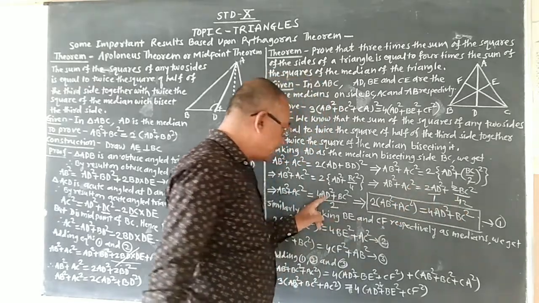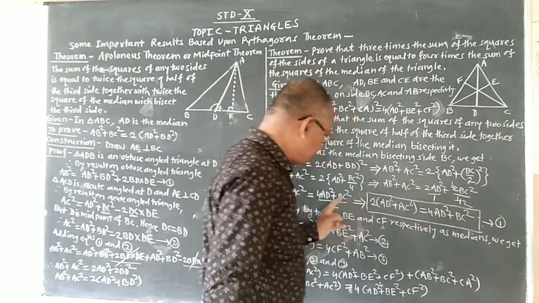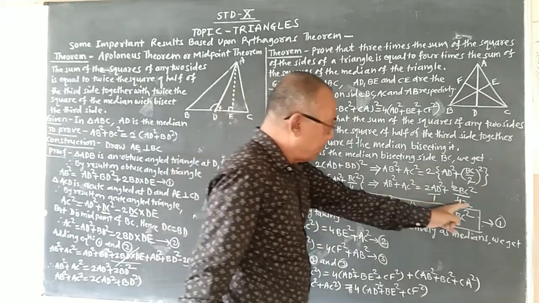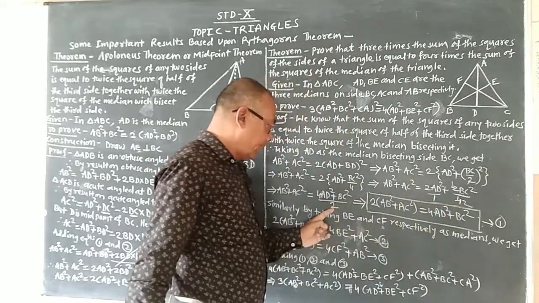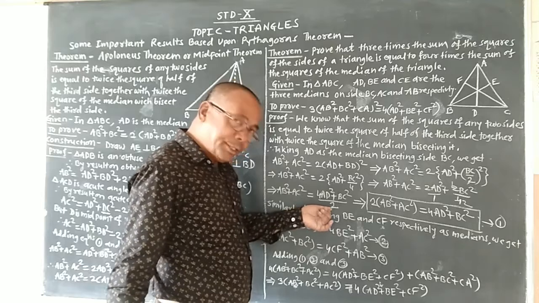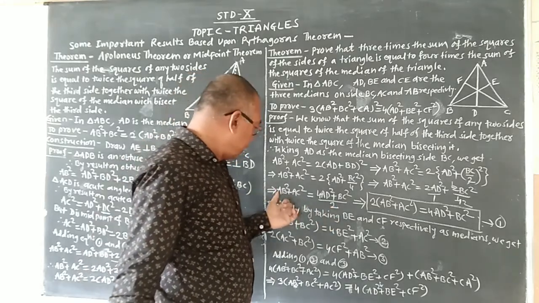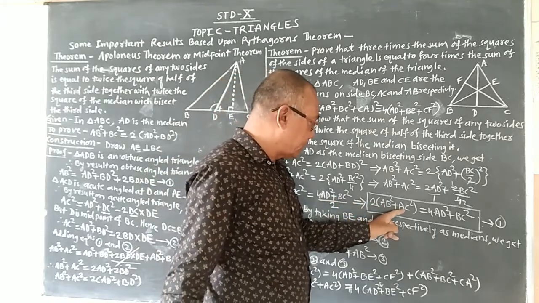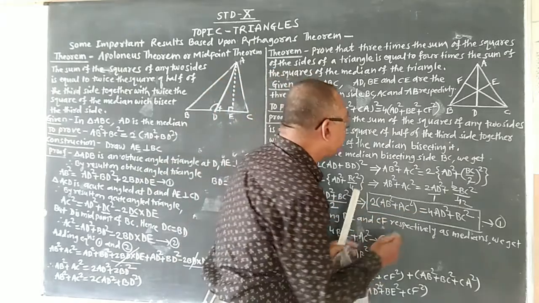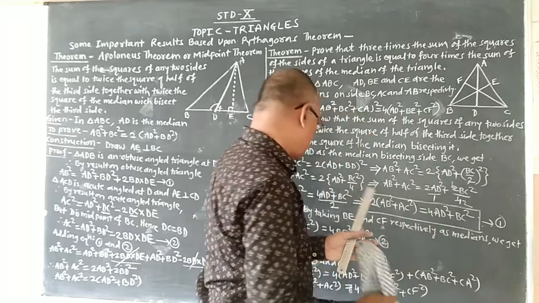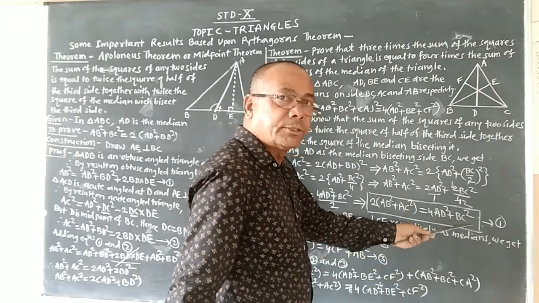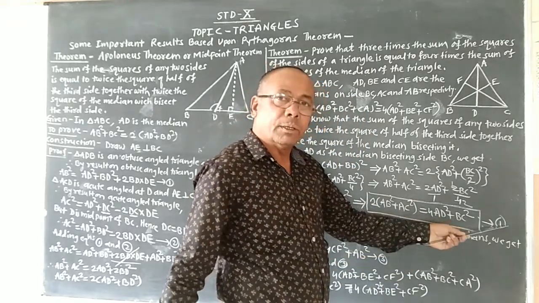So 2 twos are 4AD square plus 1 into BC square, divided by 2 into 1, that is 2. So the 2 that is divided will multiply at the LHS. So 2 into (AB square plus AC square) is equal to 4AD square plus BC square, and that is equation number 1.